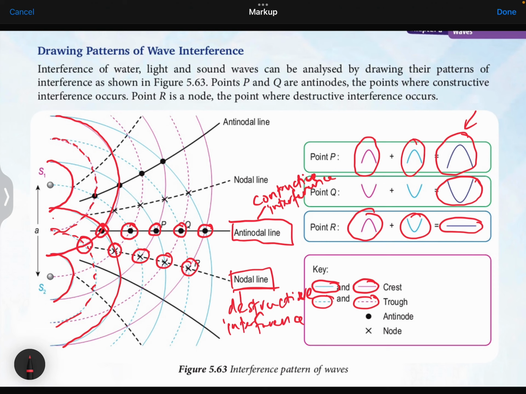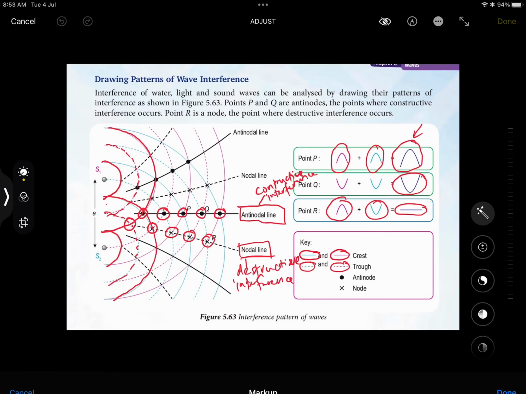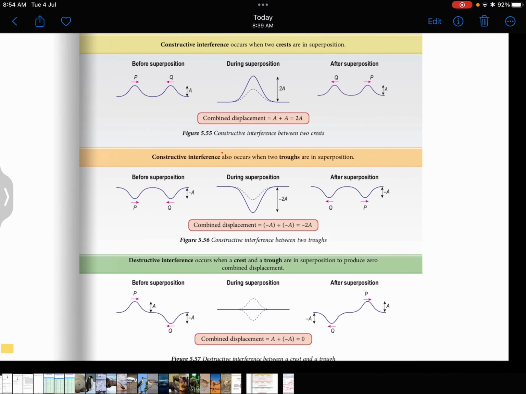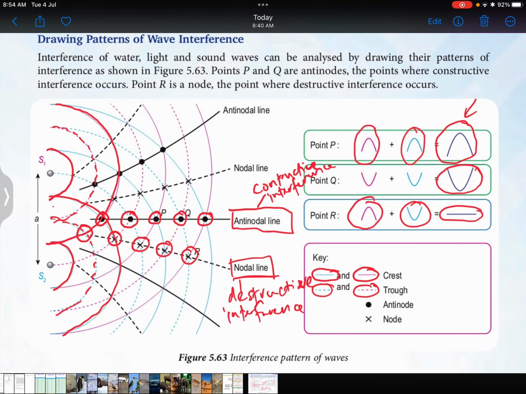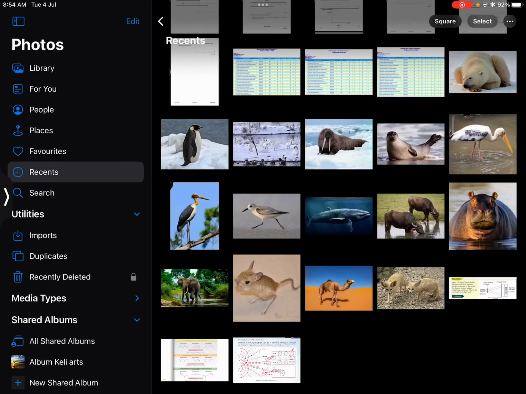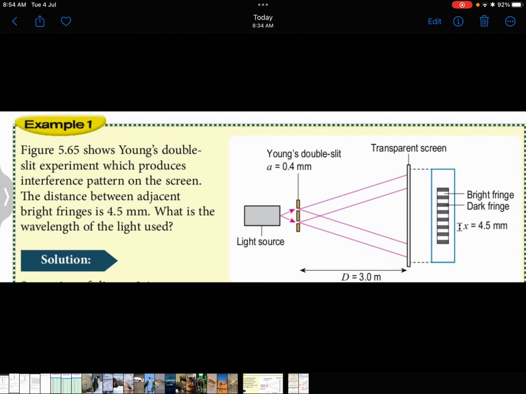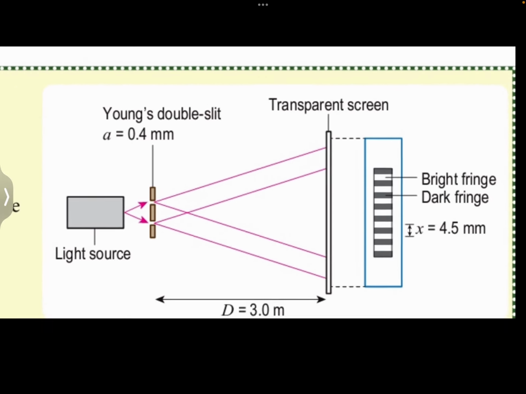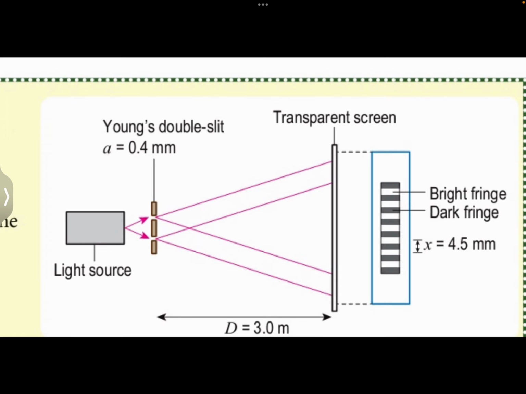And now we are going to look at the formula that we can use for this situation. Now this is also an interference, but this is the case of light wave, so you're not going to see crest or trough here, but you can see dark and bright fringes.